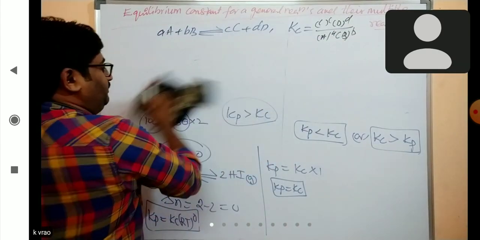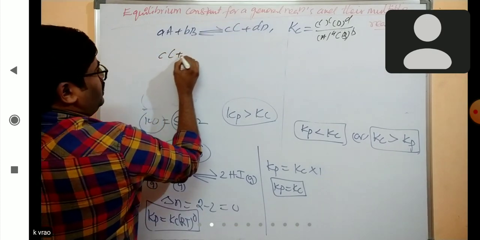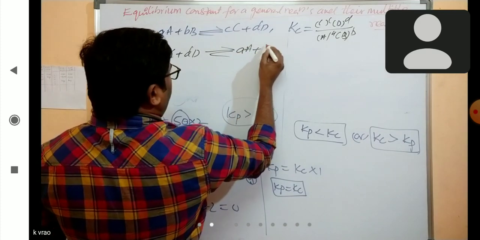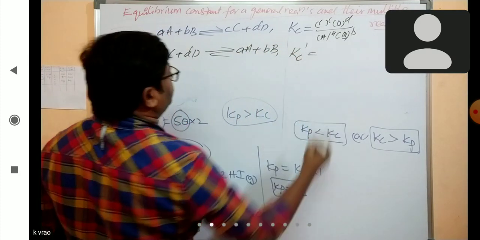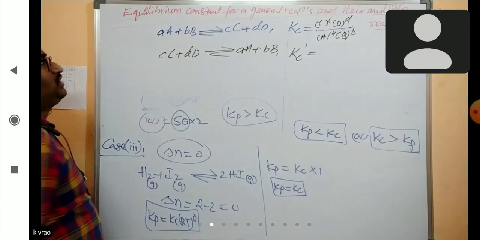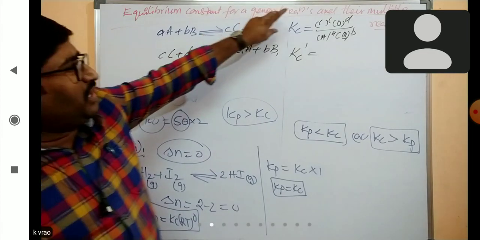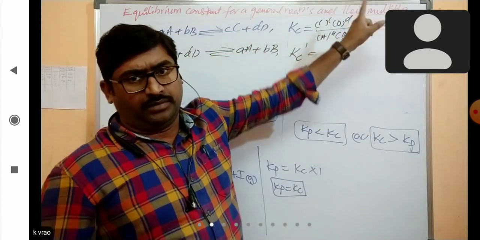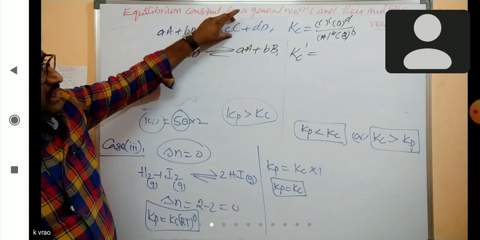Let us take the reverse of this: c moles of C plus d moles of D gives a moles of A plus b moles of B. This is Kc prime, because it is the equilibrium constant for the reversed reaction.